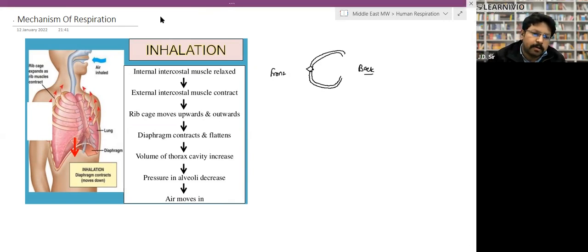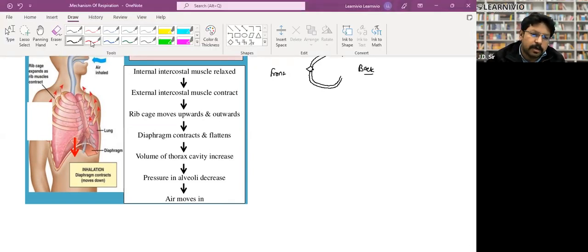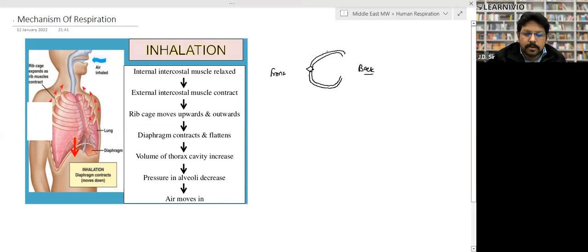So there are certain muscles which are present inside the ribs, on the inner side of the ribs, right? Whenever these muscles contract, they compress the ribs, right?